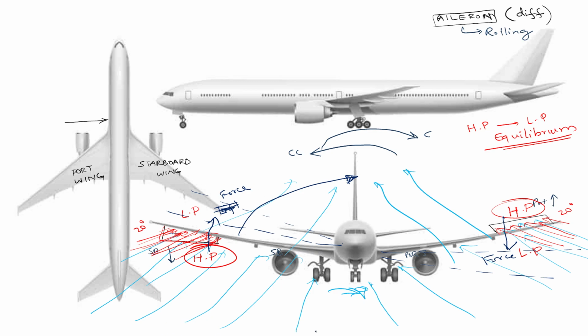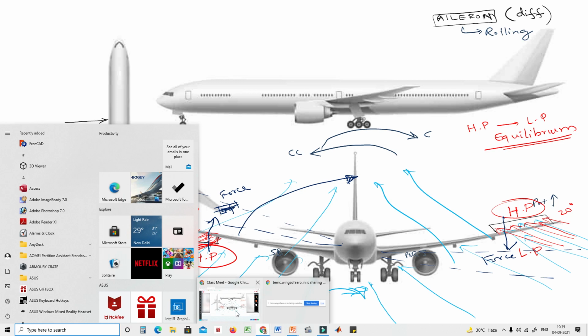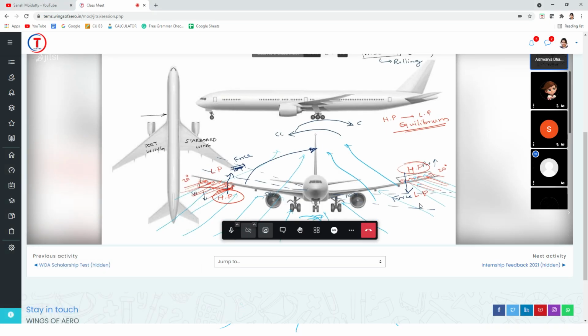First of all, which portion are you taking the observer? Where is the observer, in the front of the aircraft or the back side of the aircraft? In the front, ma'am.